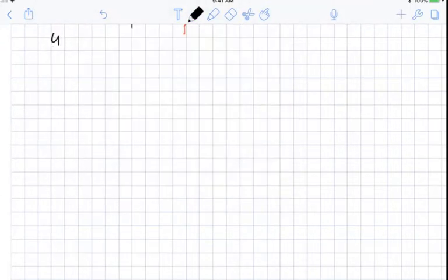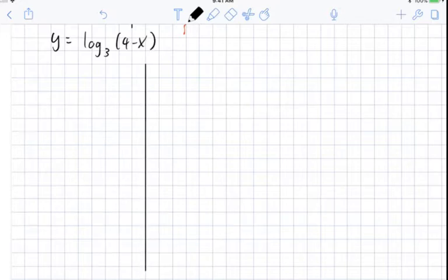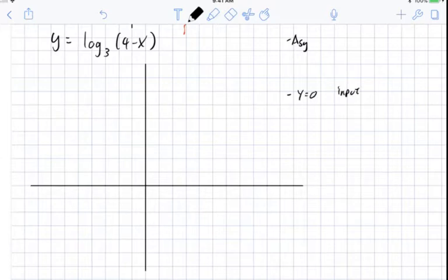Y is equal to log 3 of 4 minus x. Again, only 3 things I need to know. Asymptote. I need to know y is equal to 0 when the input is equal to 1, and y is equal to 1 when the input is equal to, in this case, 3.